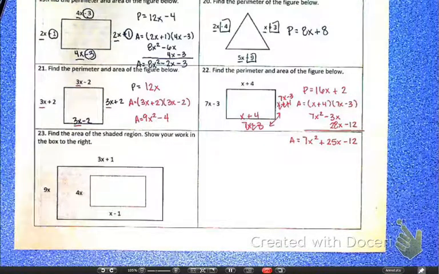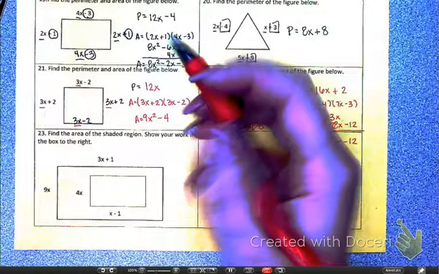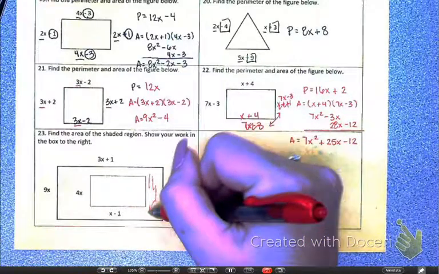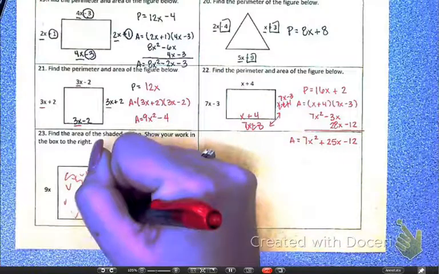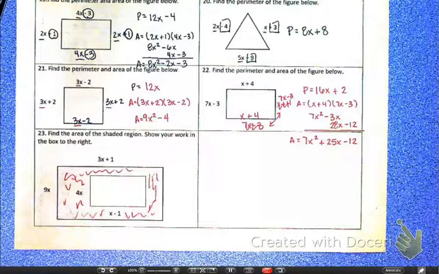For number 23, I want the area of the shaded region, and the area of the shaded region is all of this stuff. So think of that middle box as a pool, and you're looking for like the patio and concrete area. Where should I start? If I want the area of just the shaded region, where should I start?